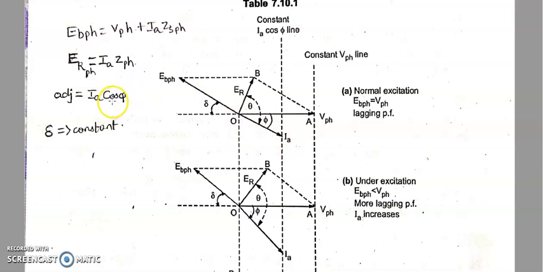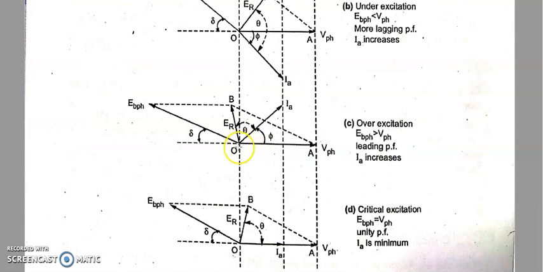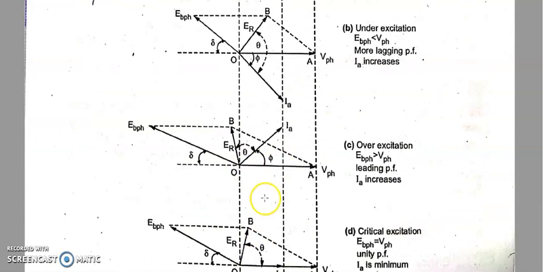Hypotenuse is IA, so cos phi is equal to adjacent divided by IA. If I write in terms of adjacent, it will be adjacent equal to IA into cos phi. So this length, from this point to this point, is IA cos phi. You can see it is always same for all the 4 figures. That length is not changed.